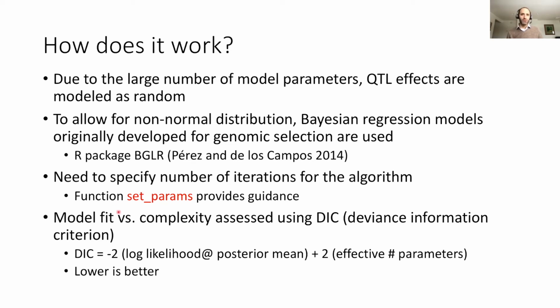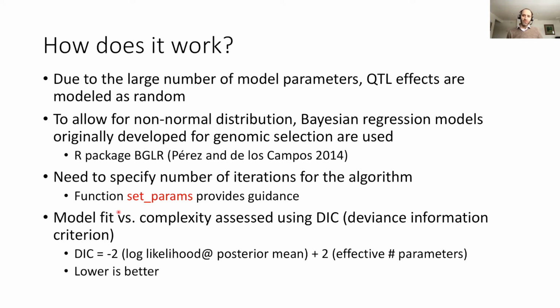That function is called setparams, which calls some other packages that are designed to look at properties related to convergence and autocorrelation, some of these other things. So with setparams, you give some information about what you're trying to do, and it will then tell you how many iterations you need to use. And we'll see that here in the tutorial.